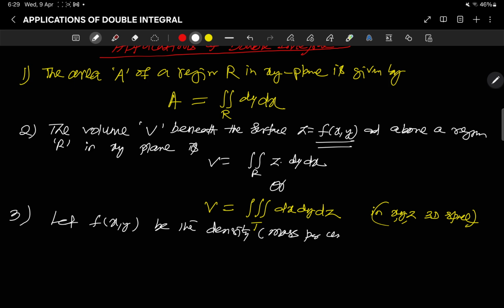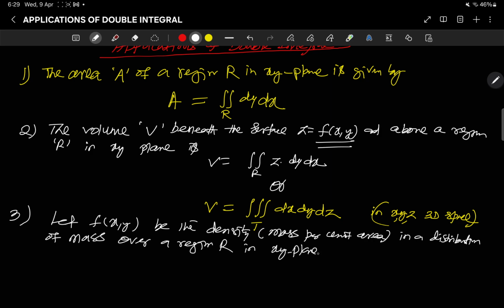Mass per unit area is given in a distribution of mass over a region R in the xy plane, then the total mass M is the double integral over the region R, the density is f(x,y), and the area factor here is dy dx.